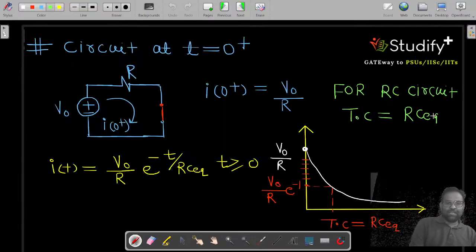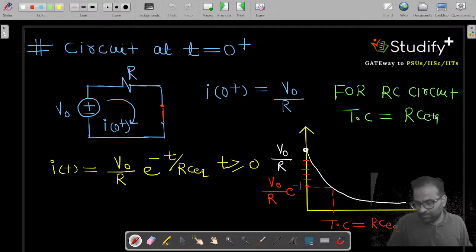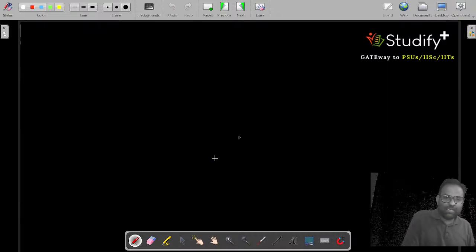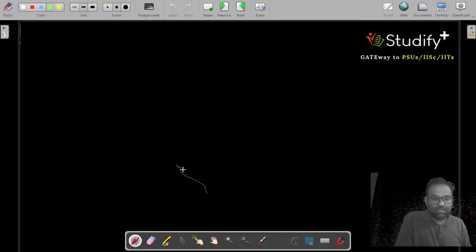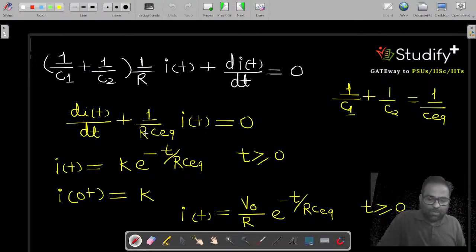Let me draw the circuit and let me analyze the whole circuit. What I want to say is this.